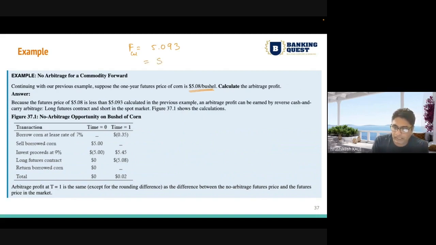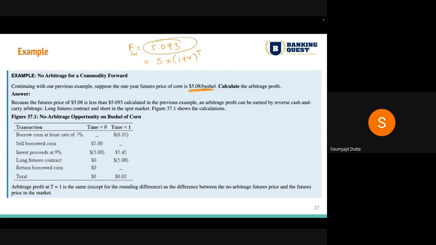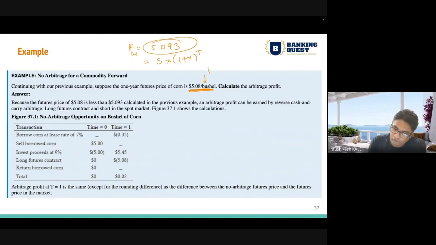Calculated means S multiplied by 1 plus r raised to power T. Which is cheaper? 5.08 is cheaper. So whatever is cheaper, you buy. So future price is cheaper, so you buy future.